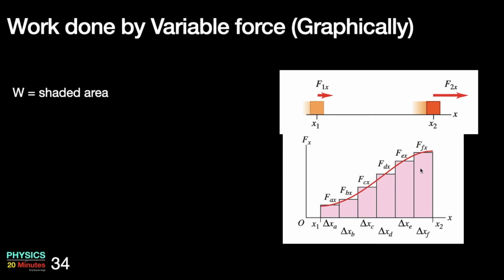In that case, instead of summing over the areas of all the stripes, you simply integrate from x1 to x2. So the work done can be obtained by integrating from x1 to x2, f of x dx.